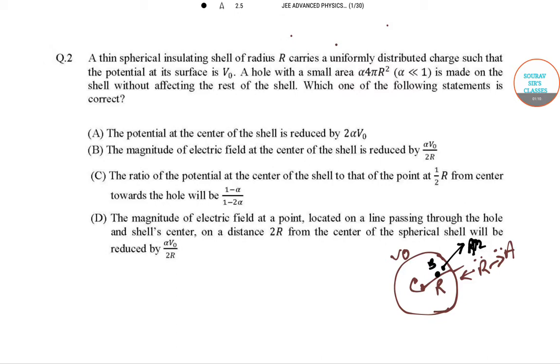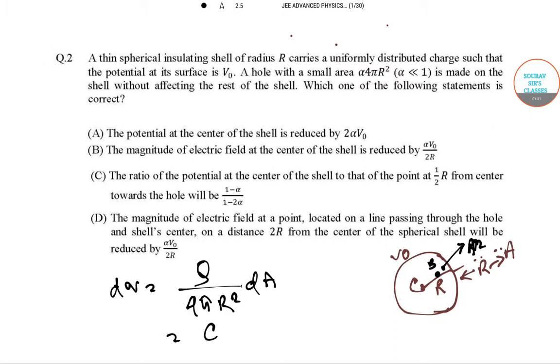So here we can write the charge distributed in this spherical cell, dq equals q by 4 pi r square into dA.